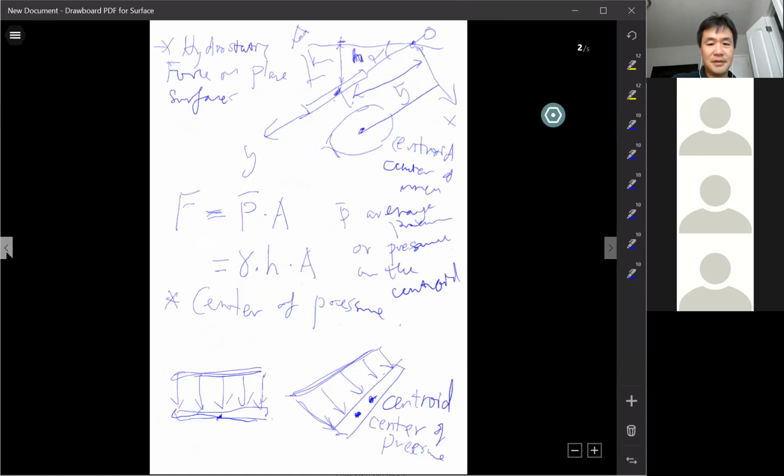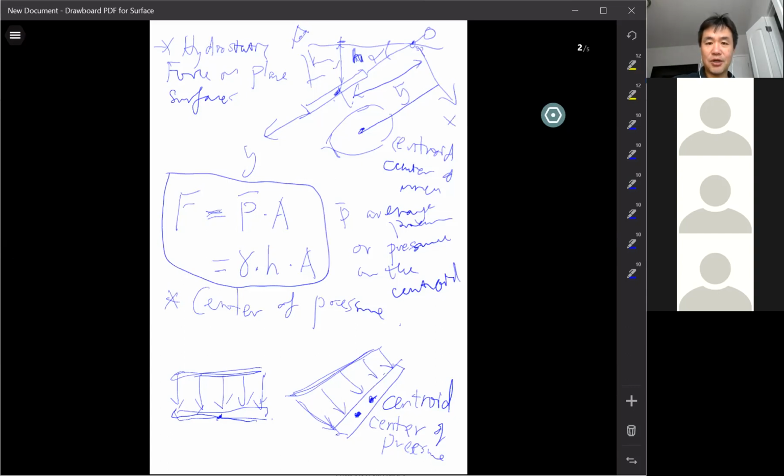Okay, here. I want you to fully understand this. Did you see my H here? Okay. Force on the plane equals the average pressure times area. The average pressure is the pressure on the centroid.